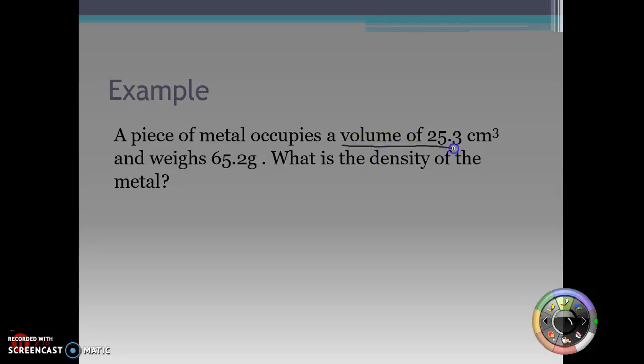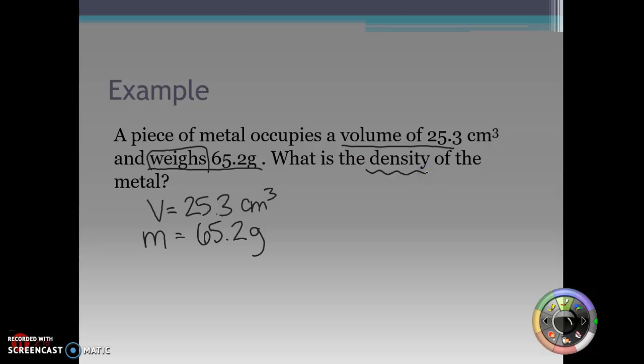So we have volume, which is going to be V, of 25.3 cubic centimeters. And we have weight. Now, in this case, weight is going to be our mass. So 65.2 grams. And they want to know what is the density. So that's what we're looking for.